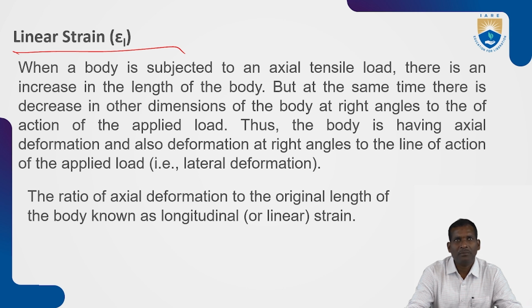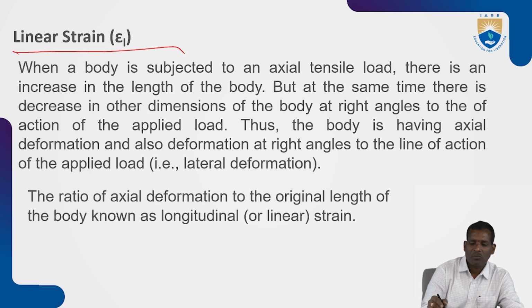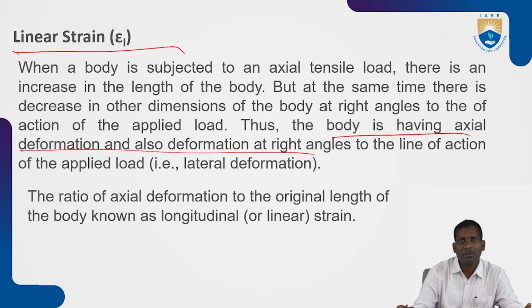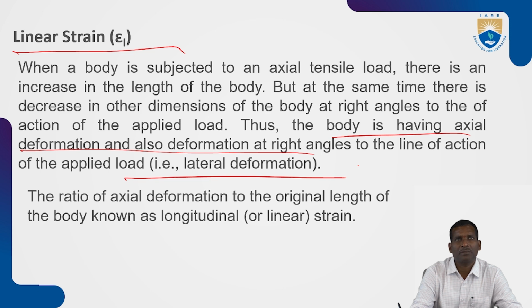But at the same time, there is a decrease in another dimension of the body at right angles to the action of the applied load. Thus, the body is having axial deformation and also deformation at right angles to the line of action of the applied load. So that is called lateral deformation.